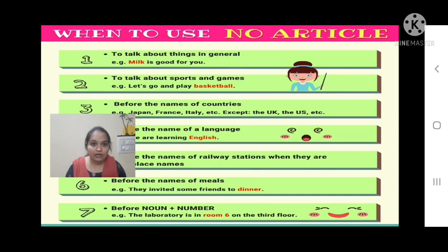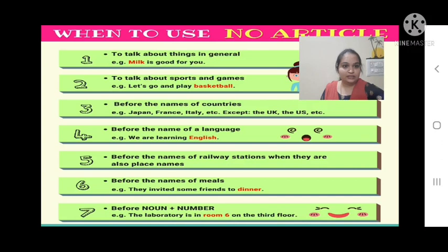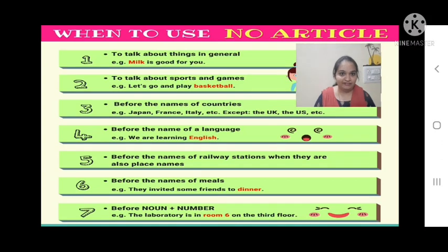When you are talking about things in general, for example, milk is good for you. You should have milk every day. So in this sentence, you will not use a, an or the for the word milk. And when we talk about sports and games, for example, let's go and play basketball. So here we don't say let's go and play a basketball.